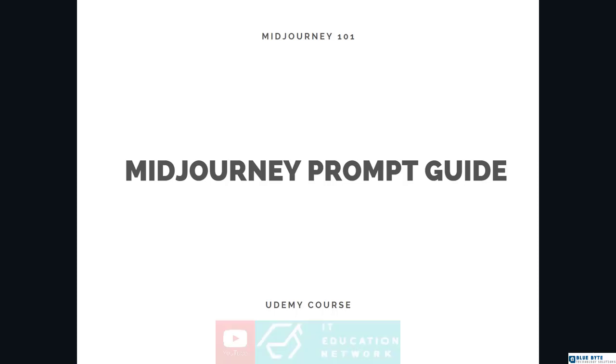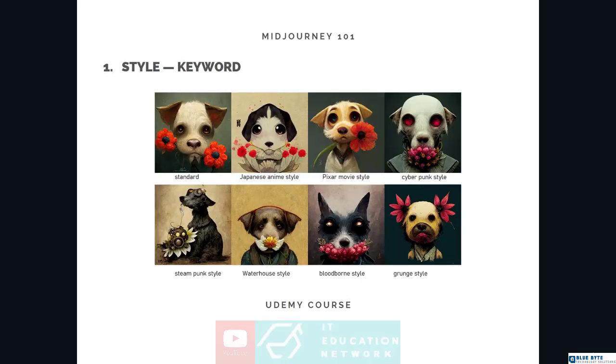Let's learn about the Midjourney prompt guide. So let's start. First of all, you can use style keywords. This is a standard image that we generated, but with the same prompts that you used to generate this image, if we add Japanese anime style, it has turned this into anime style.